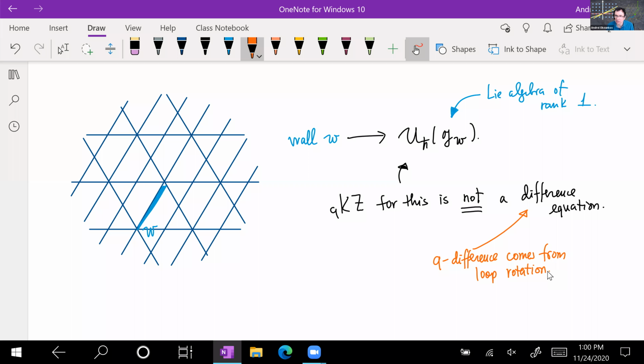difference equation, you just get an equation of the form something like so.